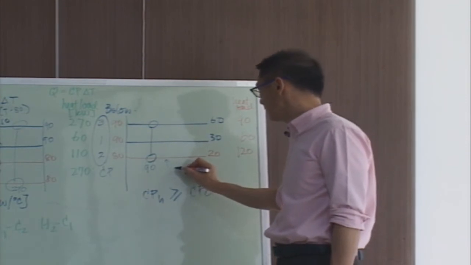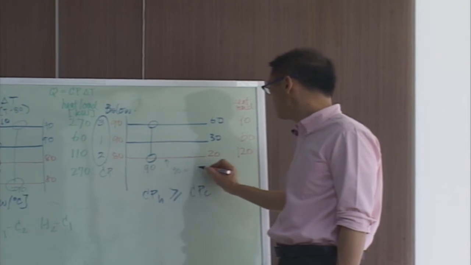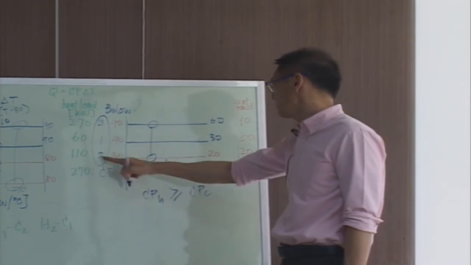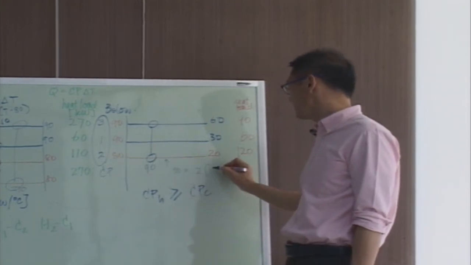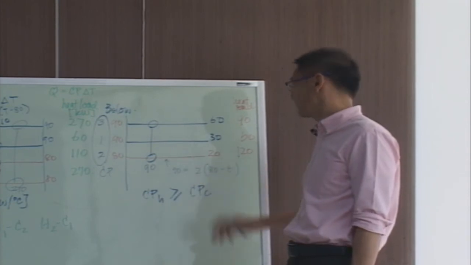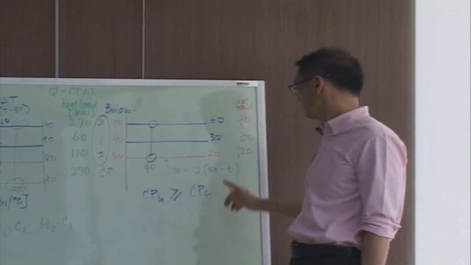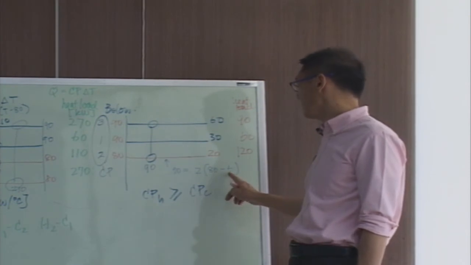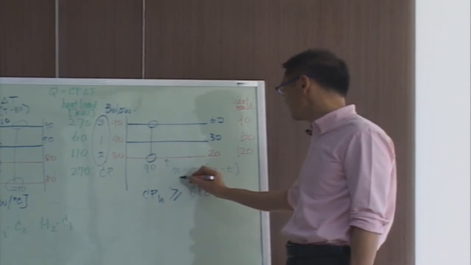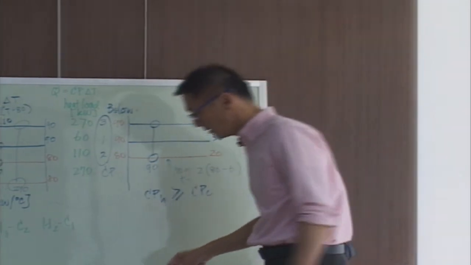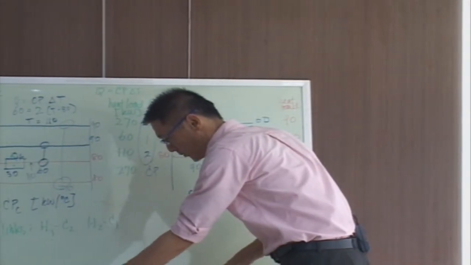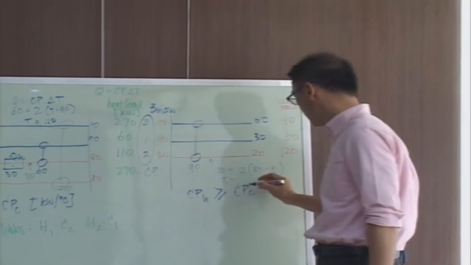This comes from the equation of 90 equals 2 Cp and 80 minus T. This represents the cold stream inlet. So the small t here will be equal to 35.